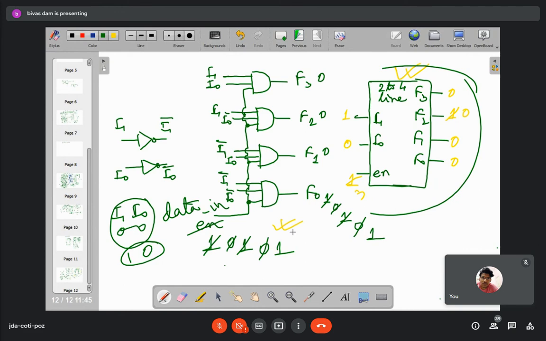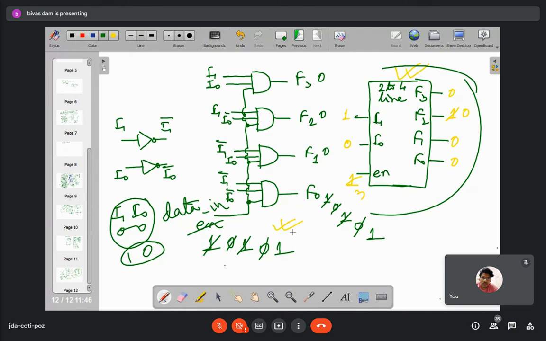Earlier, that enable input line was being used to activate the IC or make it remain inactive. Whereas here, in the demultiplexer case, this enable input line is no longer used for enabling or disabling the IC. Instead, it is being used as one single bit data input line.